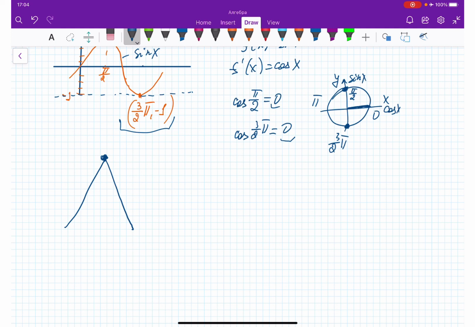A polynomial is defined as a polynomial when there are no sharp corners, like here. If we have sharp corners, then this graph does not represent a polynomial. And if it doesn't represent a polynomial, it doesn't have any extrema, relative minimum or relative maximum, because at the point c, f prime of c does not exist.